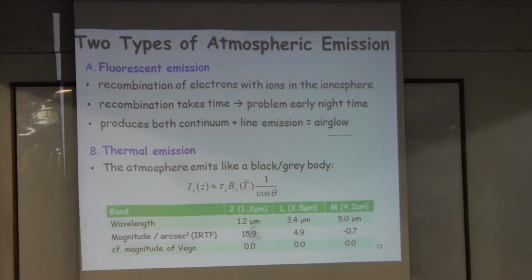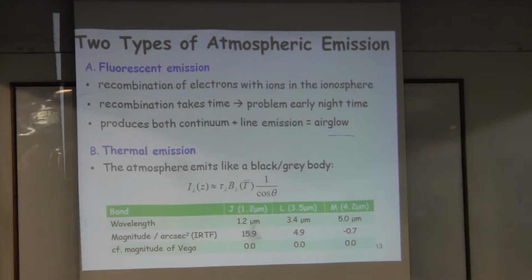If you look up at zenith, you only look through one atmosphere. If you look close to the horizon, the length through the atmosphere becomes a lot longer. Plane parallel atmosphere.